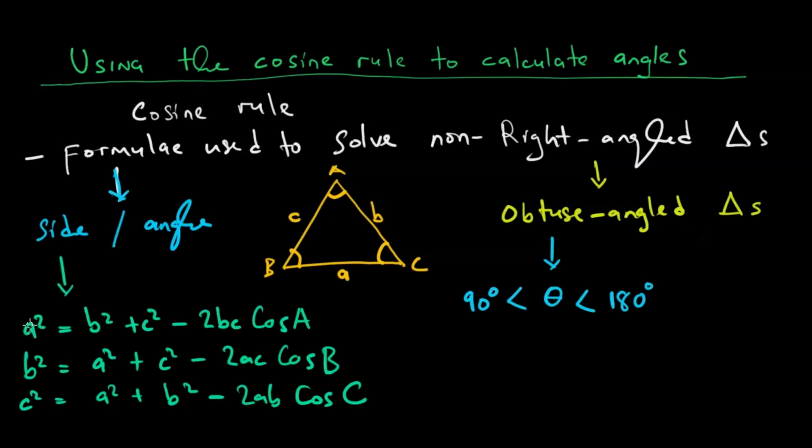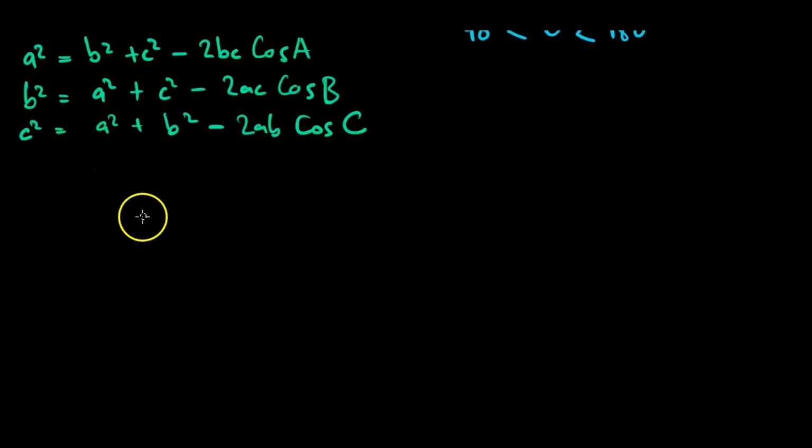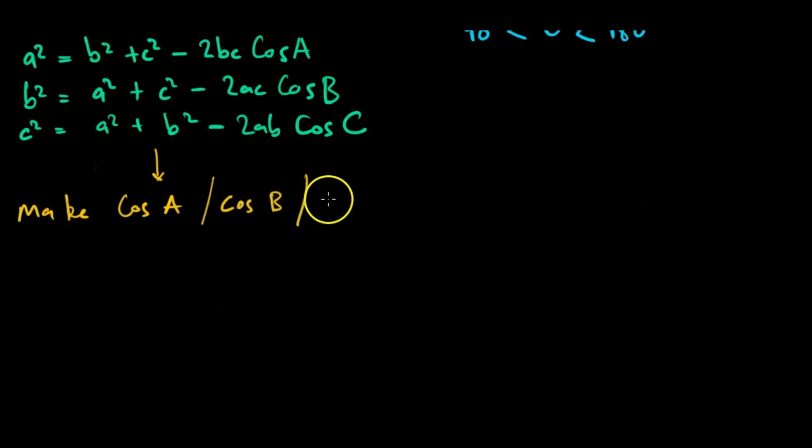We still get to our answer. But let us say we want to find an angle directly. What do we have to do? At this point, we should make cos A or cos B or cos C the subject of formula.